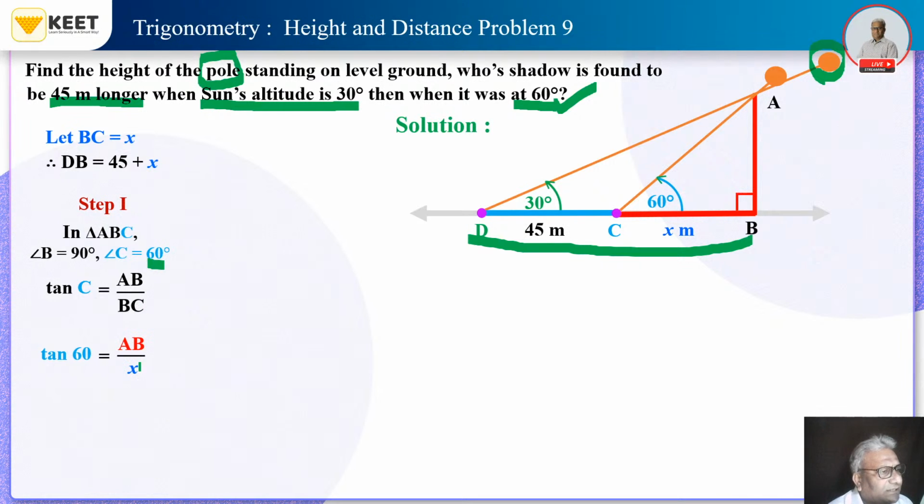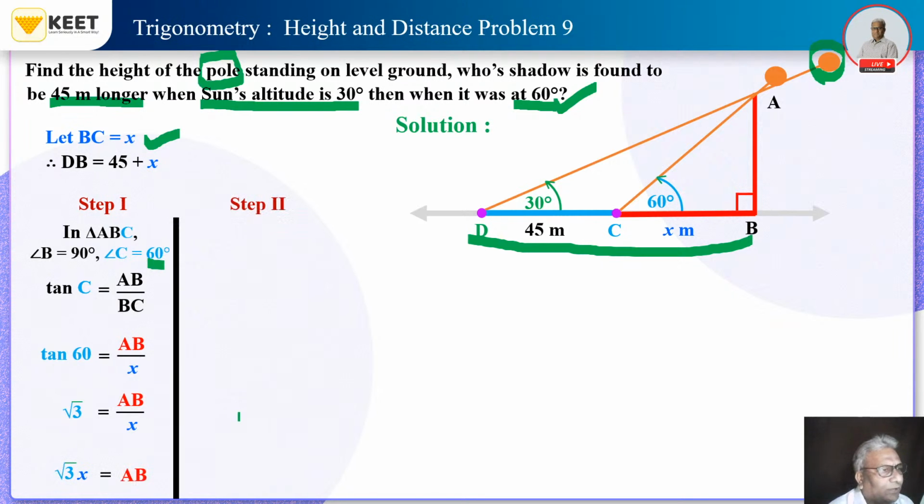BC is substituted for x because we have considered that right in the beginning of the solution. Now from the standard trigonometric table chart, substitute the value of tan 60, which is √3, and the rest is kept as it is. In the next step, cross this x to the left hand side, so you will get √3 x is equal to AB. Now go for the second triangle.